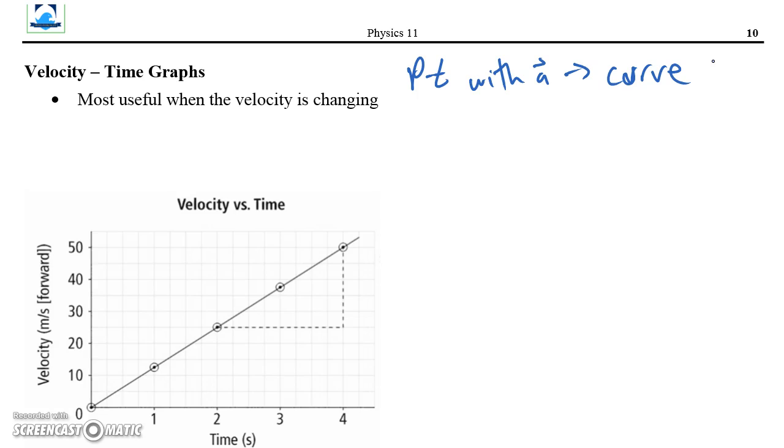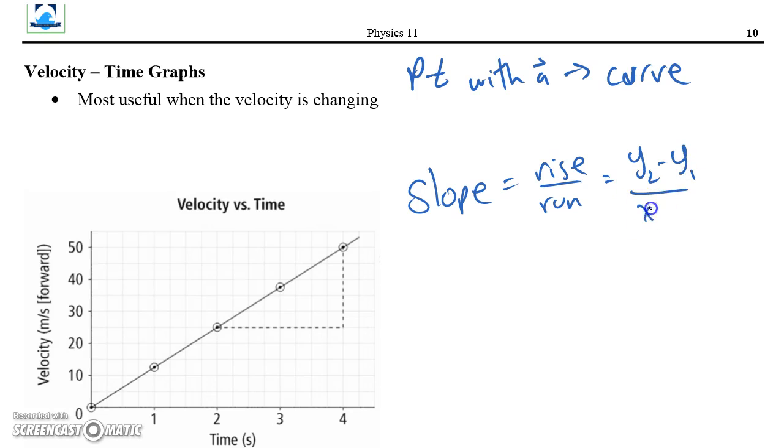Now, why is that? Well, it all depends on what the slope is. So if we always remember that it's the rise over the run, mathematically y2 minus y1 over x2 minus x1, as always. But let's make a specific case for velocity time graphs. y2 minus y1, that's like our final y minus our initial y, which, if we're looking at what our y values are, that's velocities.